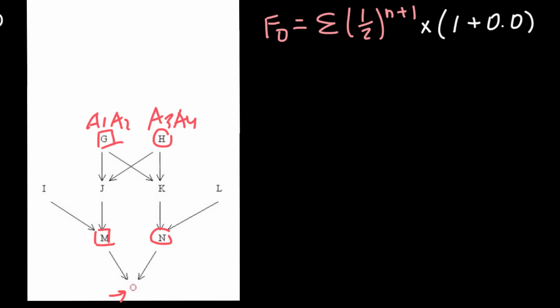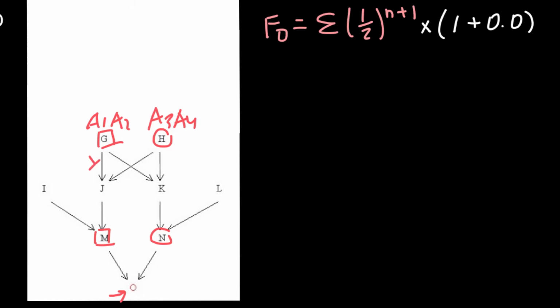We have to find the number of passes: 1, 2, 3, 4, 5, 6. This is the probability that individual O would inherit allele A1 both from his father's side and from his mother's side. 1, 2, 3, 4, 5, 6, so 1/2 each time.